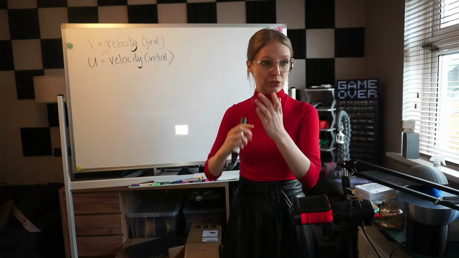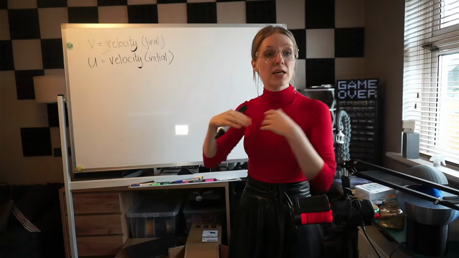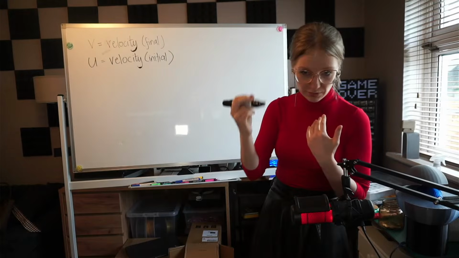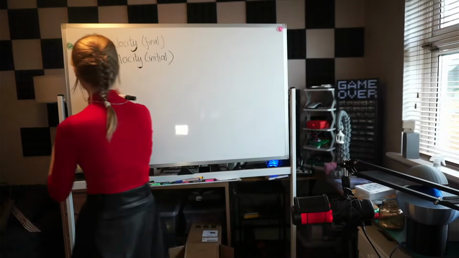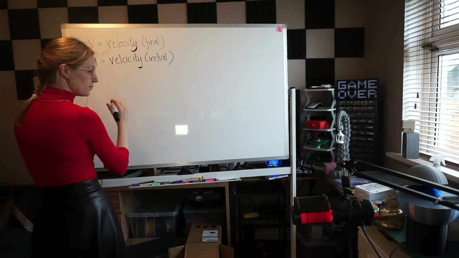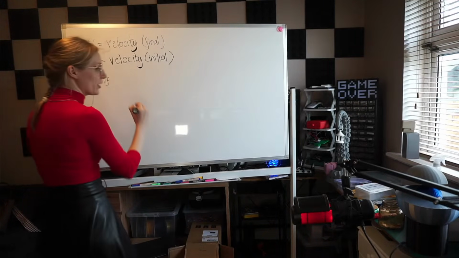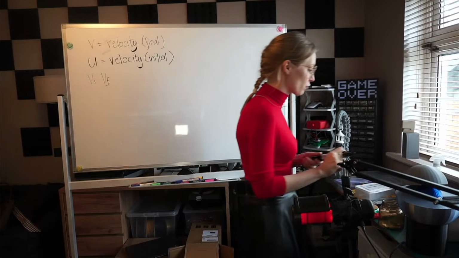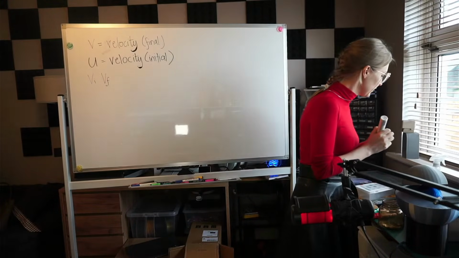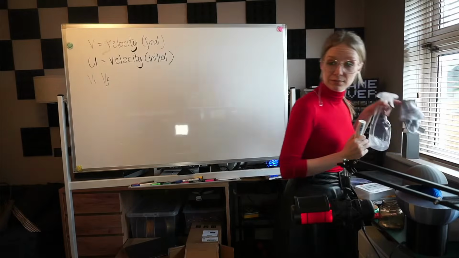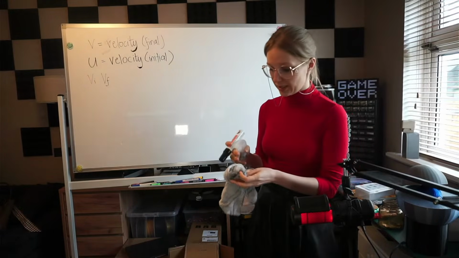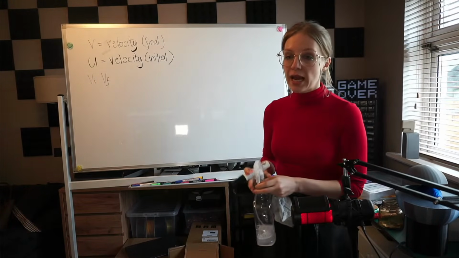Another letter that we're going to be using, just to determine it differently. Some scientists or some of your textbooks will use something like VI for initial, VF for final, or V1 for starting story, or V2 for final story. It doesn't matter. All is the same. It's just what it is. I prefer not to.